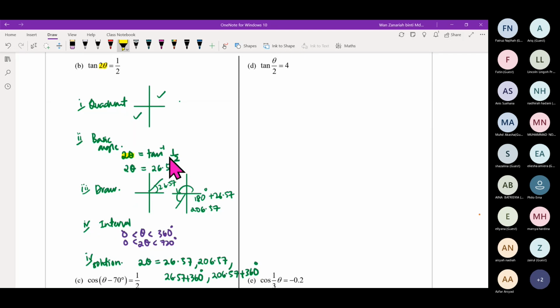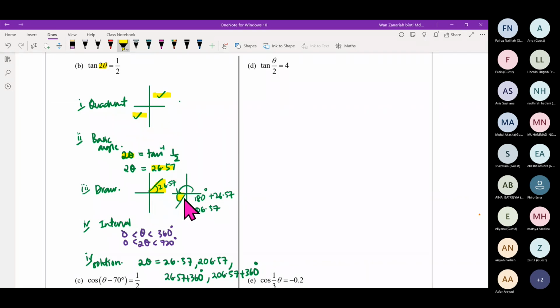So 2 theta is shift tangent 1/2, you get 26.57. Stop there. Basic angle you adalah 2 theta. Okay, and then draw. Kita nak first quadrant. Tak cari pun, dah ada 26.57, sebab at first quadrant memang acute angle. So terus ambil.